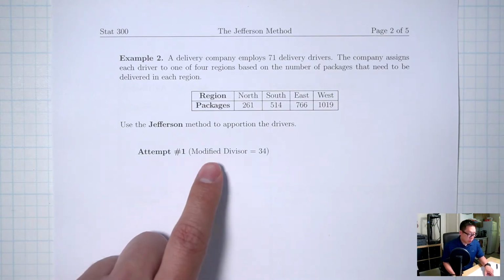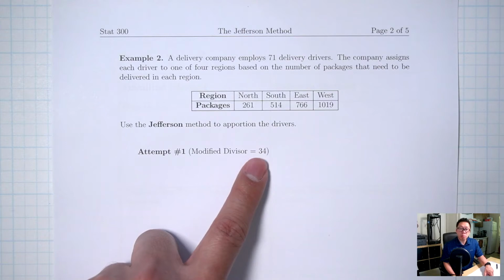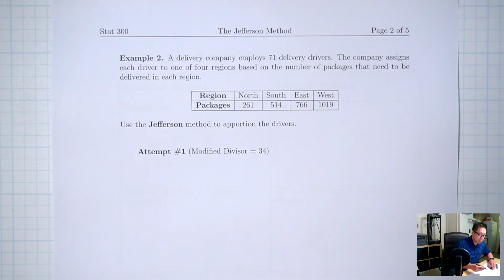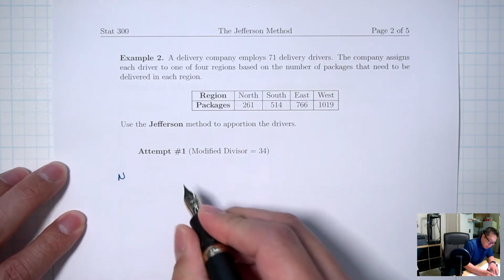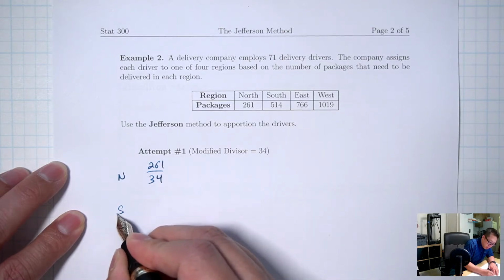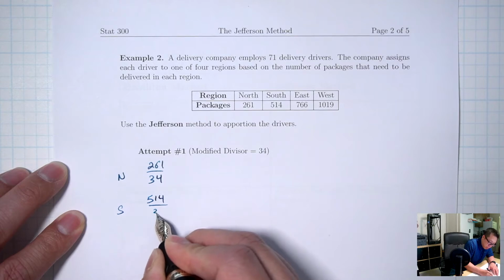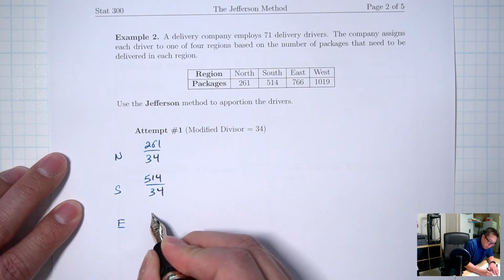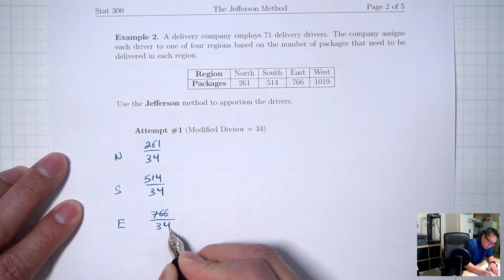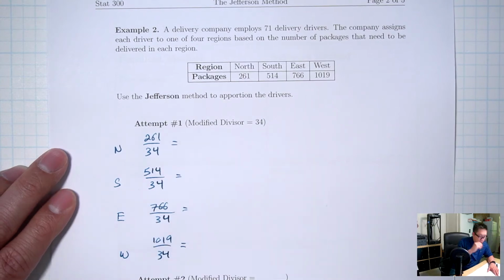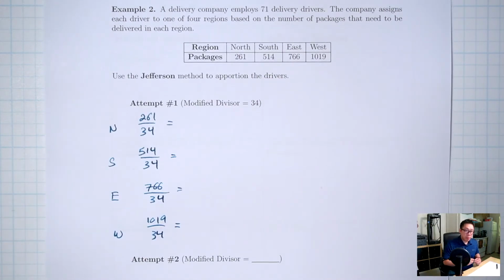So I'm going to start you off with a first guess of 34. So we're going to use this modified divisor and divide each of these packages number by 34. All right, we'll use a calculator to divide, and then we're going to round down.